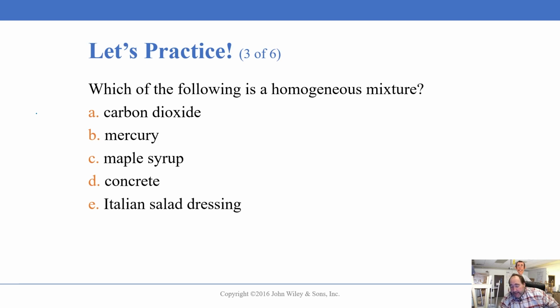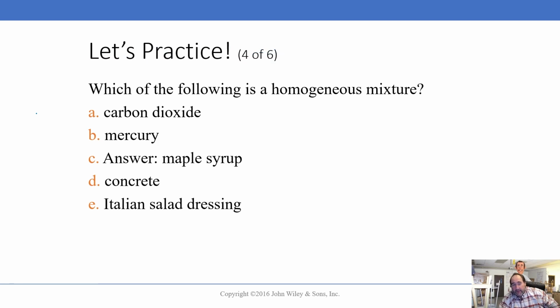All right, take a moment. And let's see here. The answer is maple syrup. Carbon dioxide is a molecule and a compound, so it is a pure substance. Mercury is an element, also a pure substance.